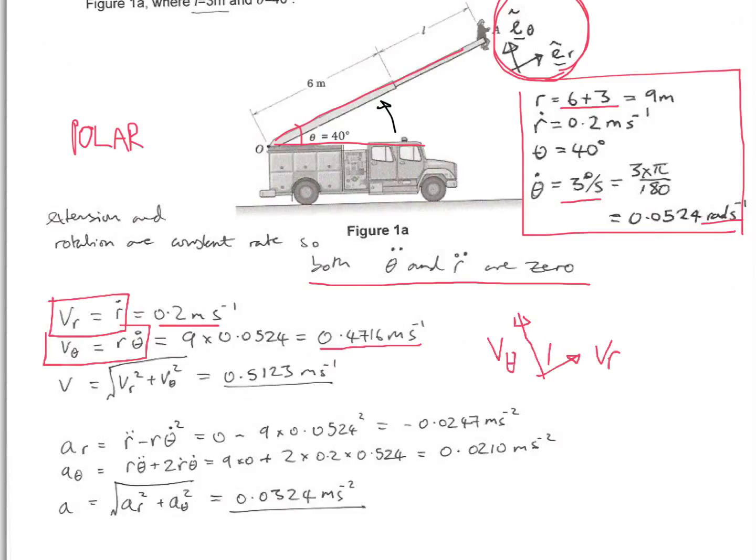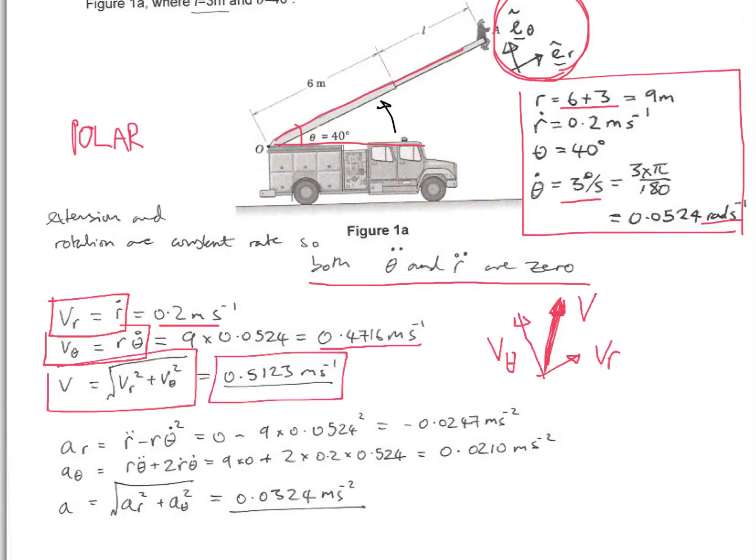The magnitude is going to be the Pythagoras. The question asks for the magnitude, so you have to take the square root of the sum of the squares of the two components, and this is the answer.